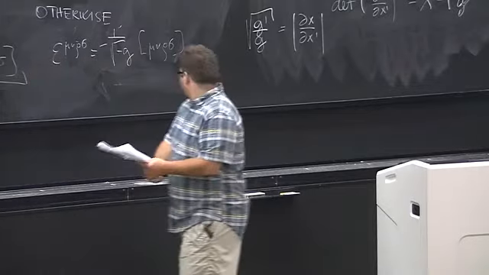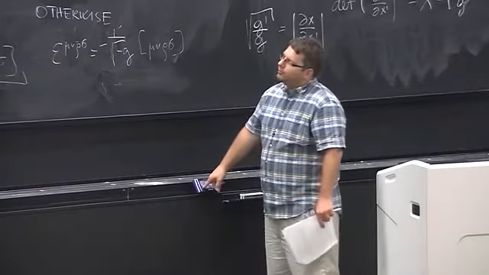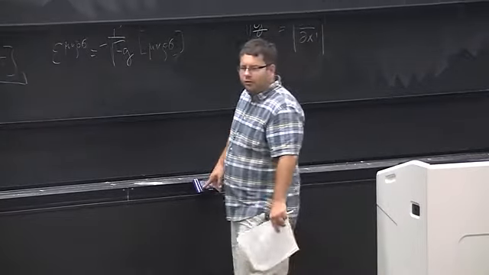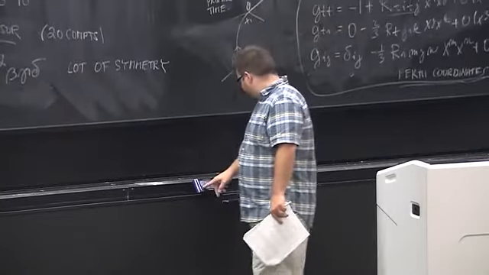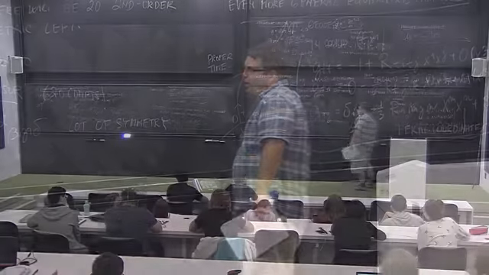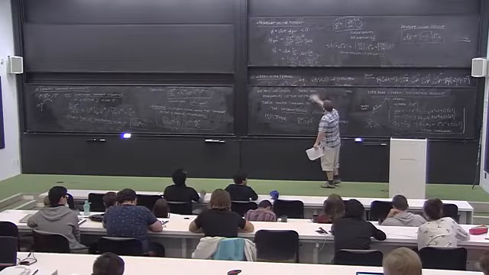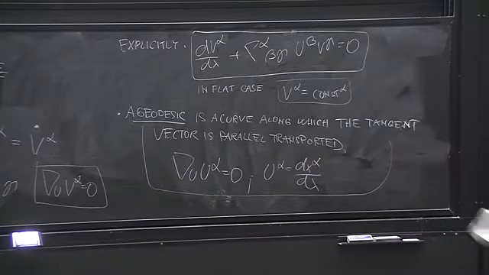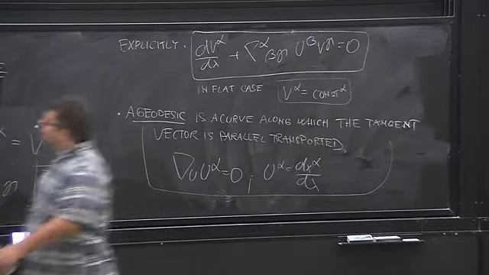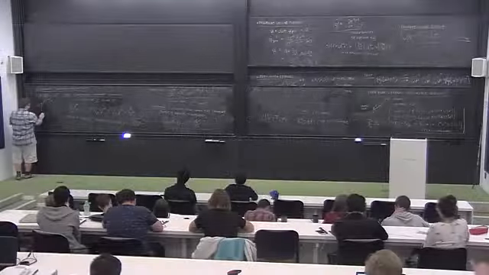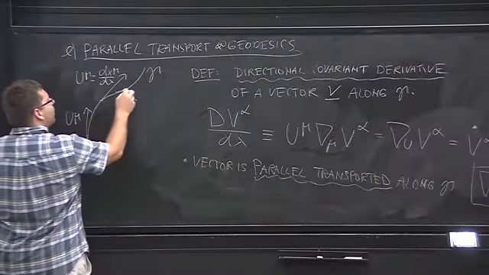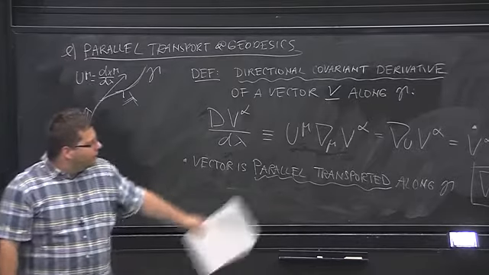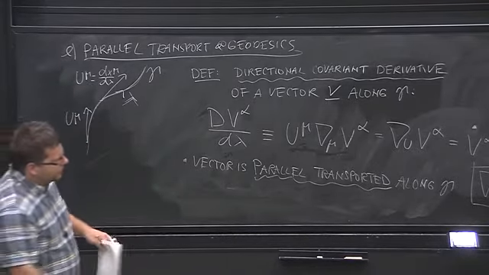All right, now just a warning. This nice equation here, nabla u u alpha equals 0, will change if you change the parameter lambda. I just parameterized my curve by any parameter lambda, and then I require that I have a geodesic so that this is true.